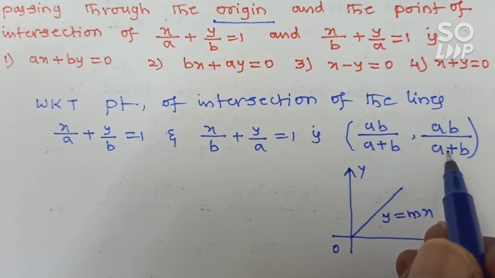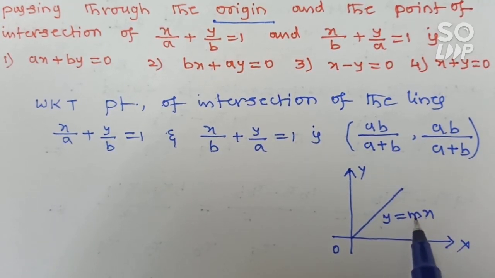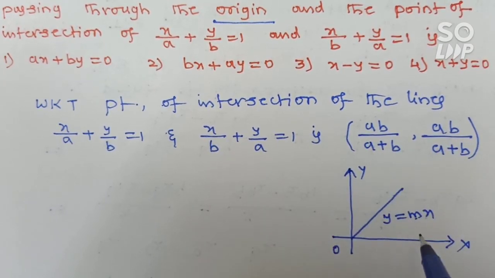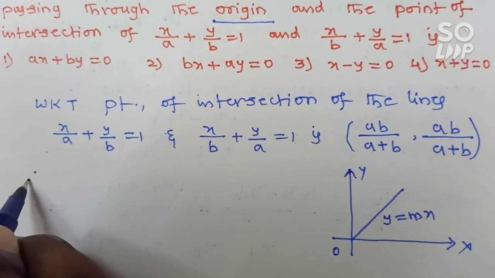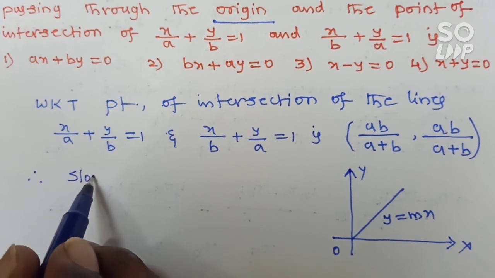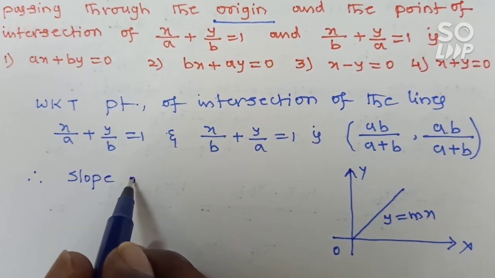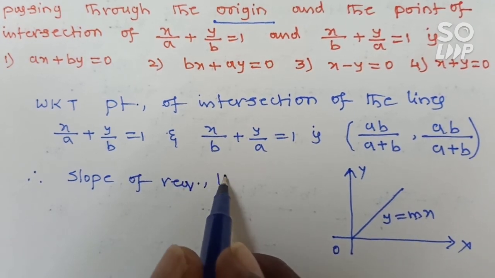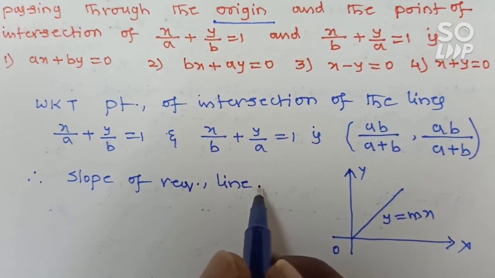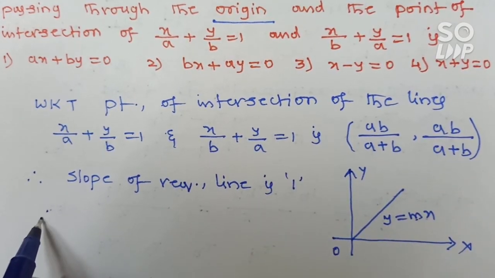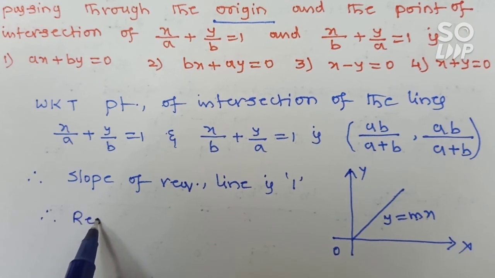So from this, m is equal to y by x, that is this one by this one, which is 1. So the m value will be 1. Therefore the required slope of the required line is 1, right?